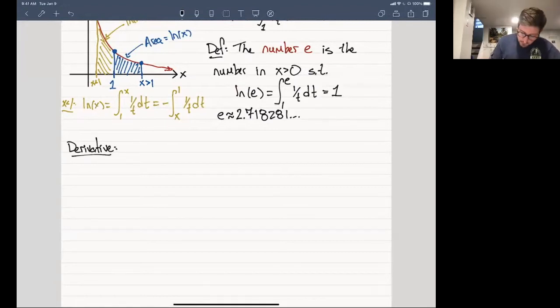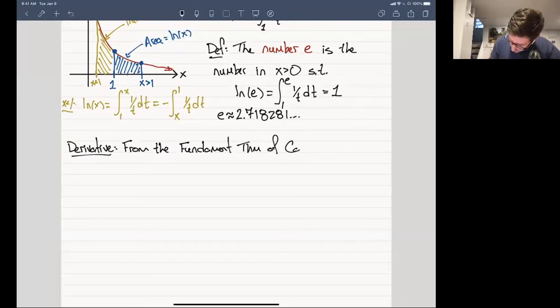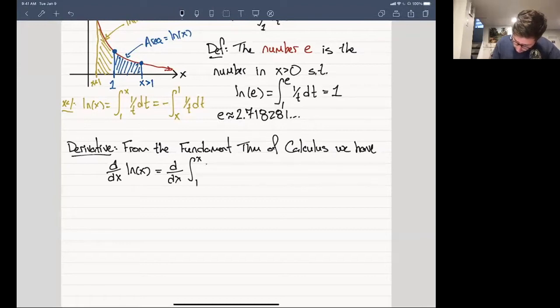Well, we can see from the fundamental theorem of calculus that the derivative of ln x is equal to the derivative of this integral function, which we remember, we might have to go back and review our notes from the fundamental theorem of calculus, but this thing is equal to 1 over x. So you're plugging that upper bound into the actual function.